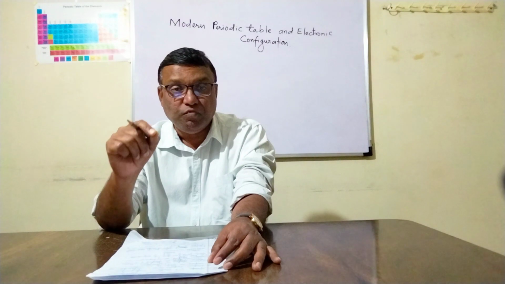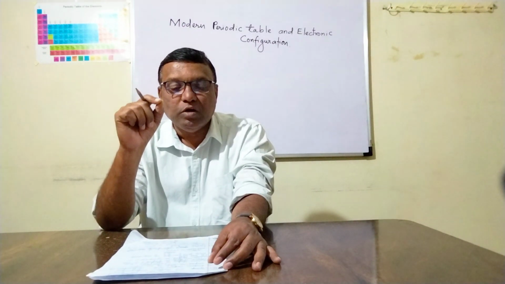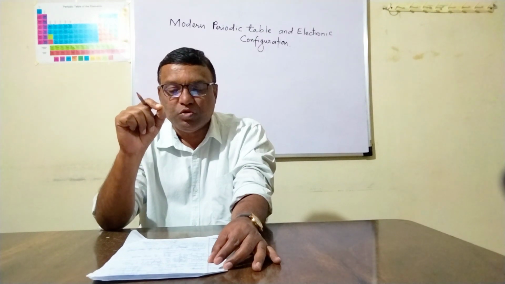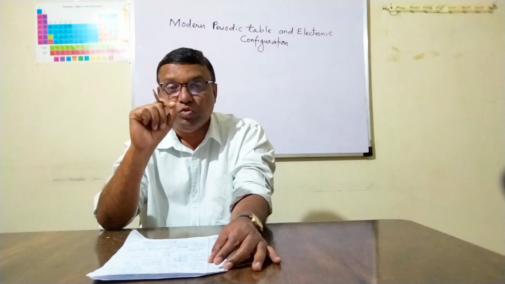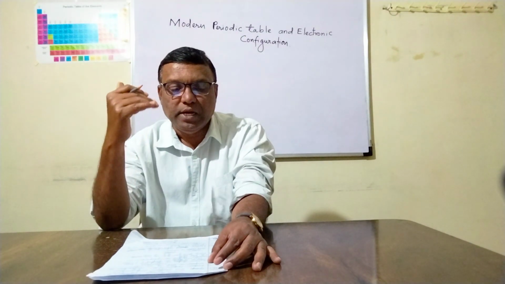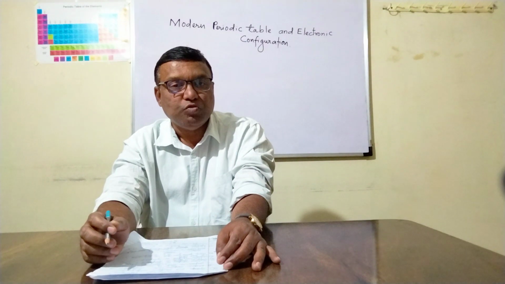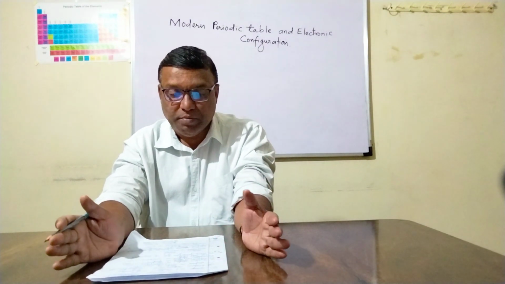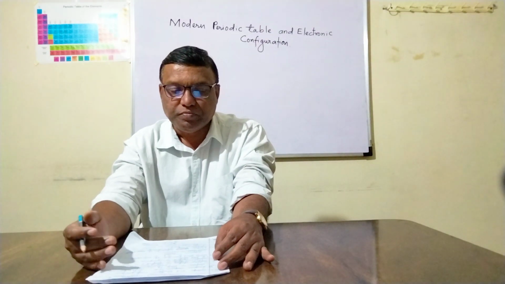So this is the very first important point related with groups and electronic configuration. You should know what is meant by electronic configuration. So it is the distribution of electrons in different orbits of an atom. I hope this point is clear.